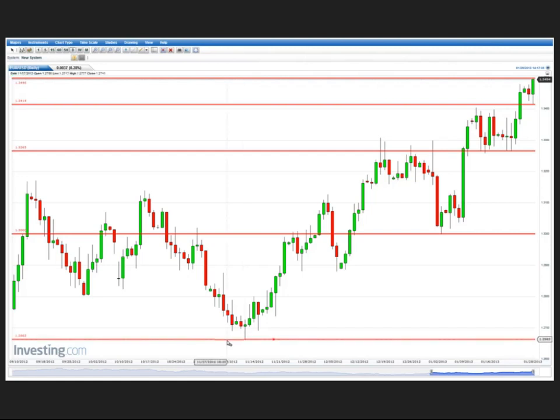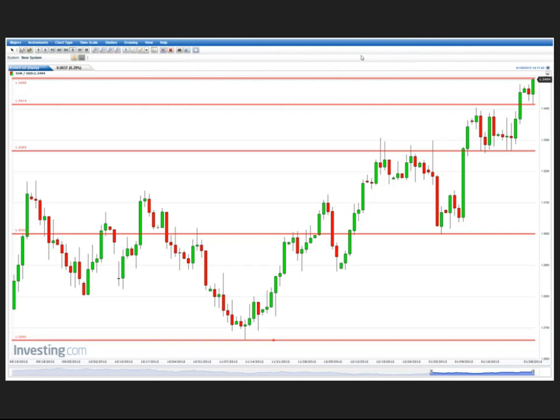And we will attempt to draw this line, if you'll bear with me. 2660. So now, since around November the 14th, November the 10th, somewhere in that area, we now have a situation where the euro has seen a bottom of 2660.